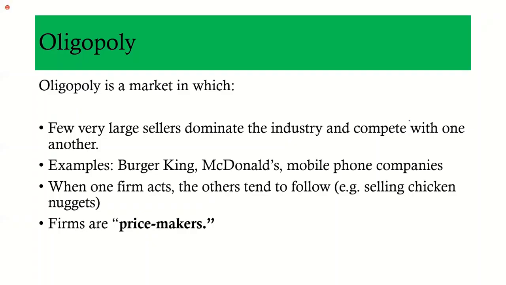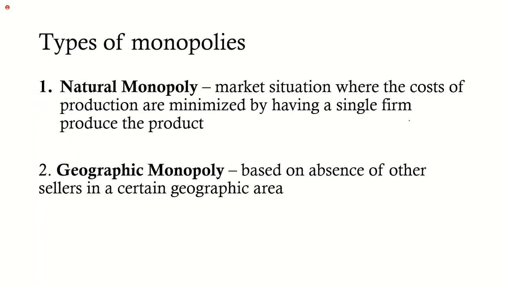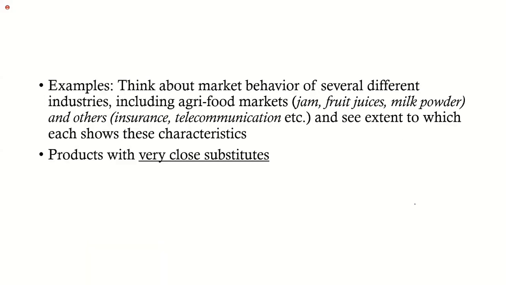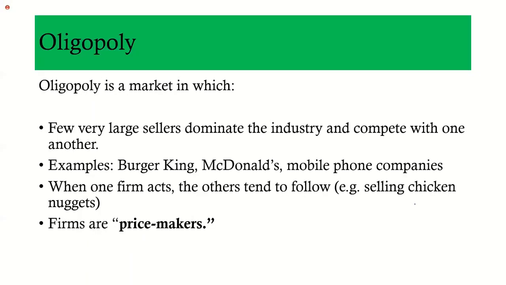So they are price makers. Another thing is that, except the perfectly competitive market, which we discussed first, all others are price makers because they can fix their price as they wish.